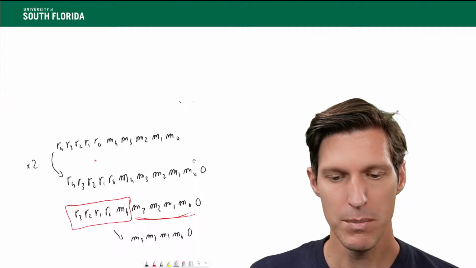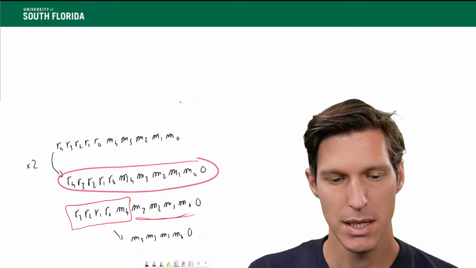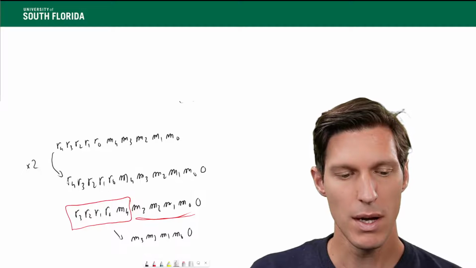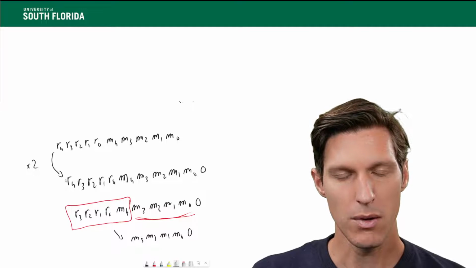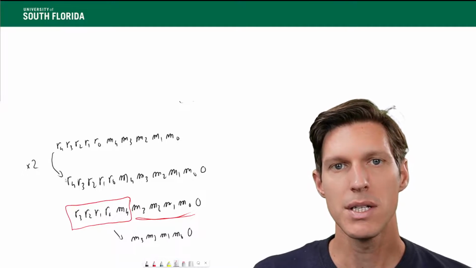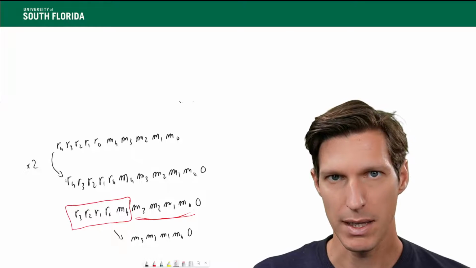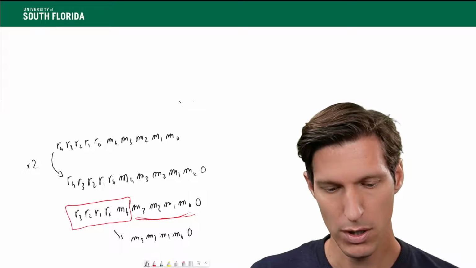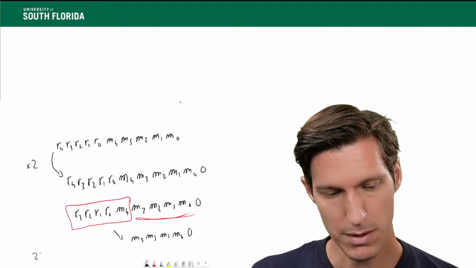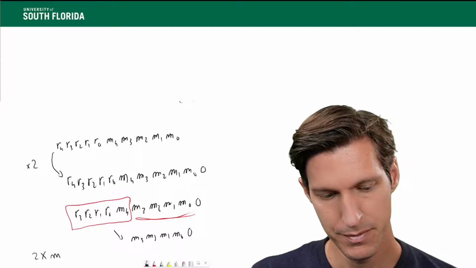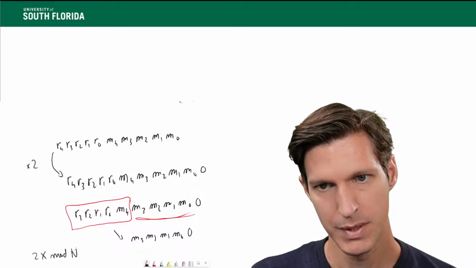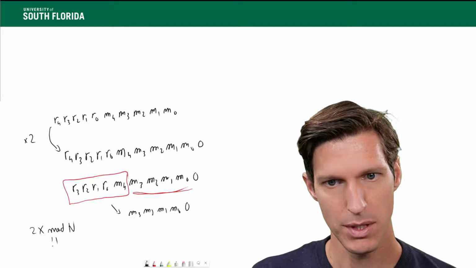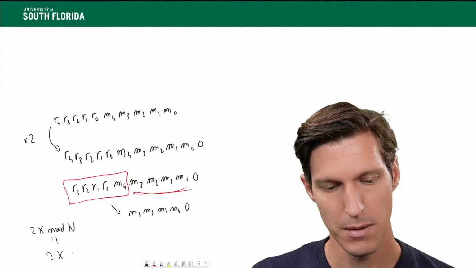So what happens here is that if R4 is 1, then this will undergo a reduction mod n. Because it will be less than 2 times n and more than n, the modular reduction will look like this: 2x mod n is simply going to be 2x minus n.